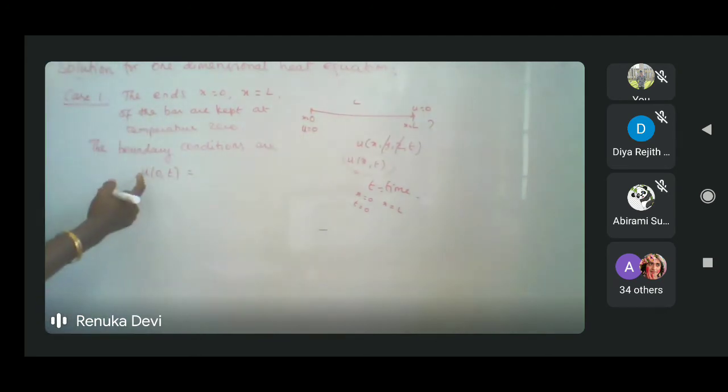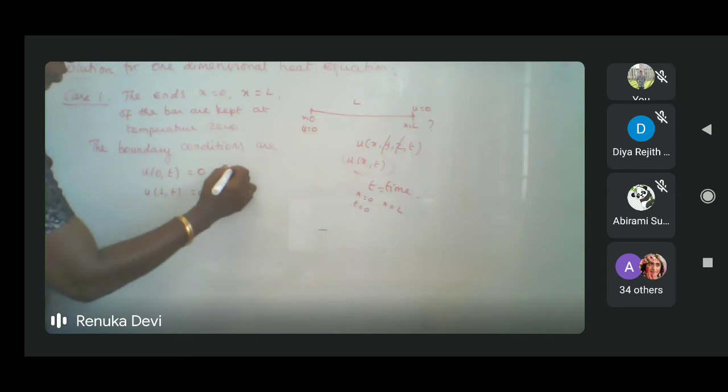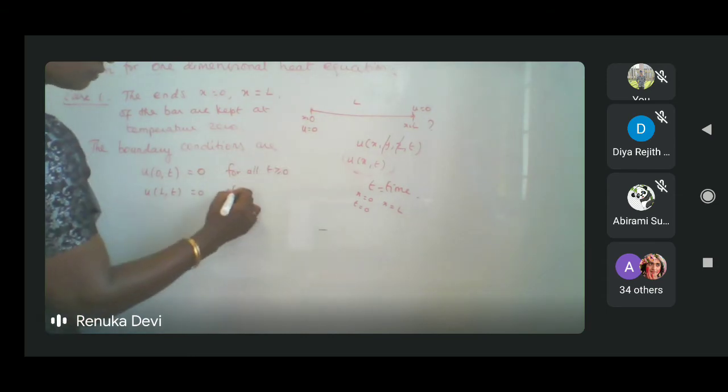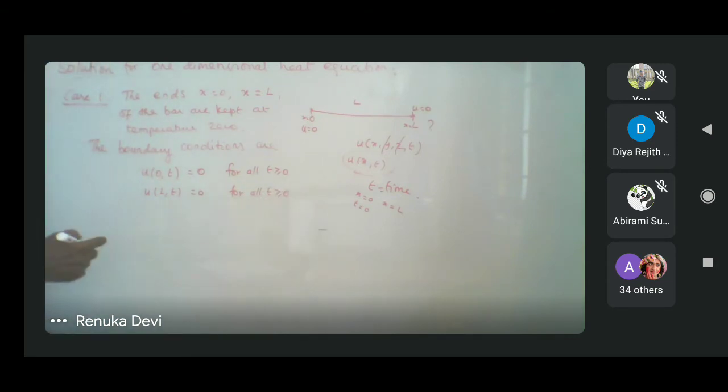Therefore, u of 0 comma t is 0 and u of L comma t is also 0. This is true for all t greater than or equal to 0. Is it clear? At any time t, the temperature at the initial point is 0, and at any time t, the temperature at the end point is also 0. That is the meaning.